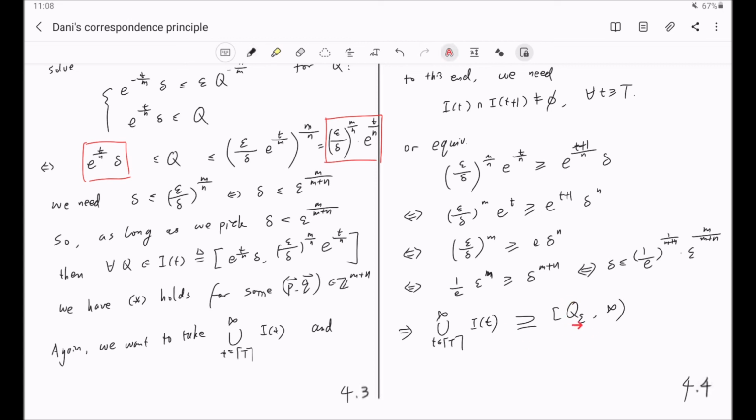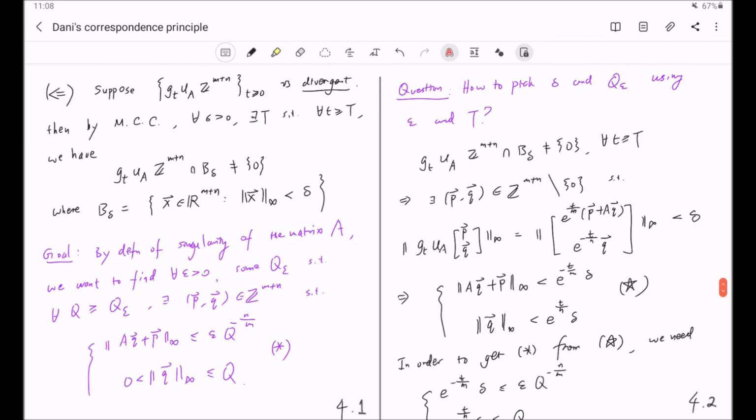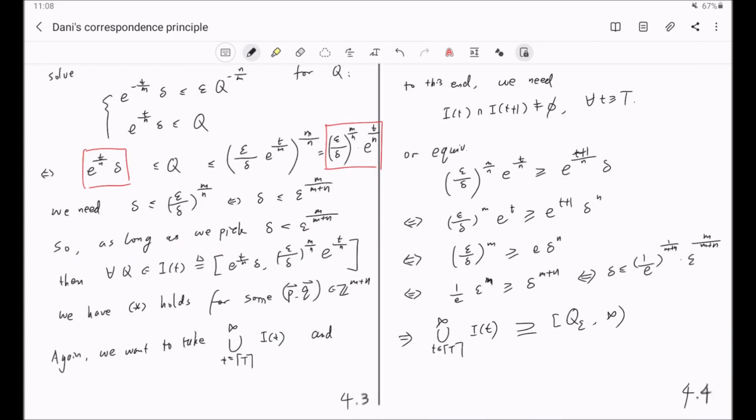And that is our choice for q epsilon. This is a question that we wanted to answer at the beginning. So this finishes the proof of the backward direction and the whole theorem.